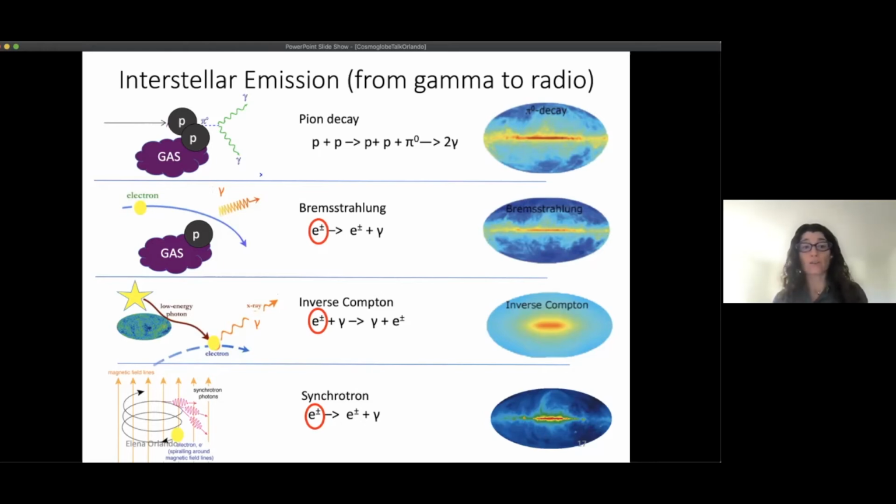And on the other side of the electromagnetic spectrum, we have synchrotron emission in radio and microwaves, which is produced by the same electrons and positrons that produce inverse Compton and bremsstrahlung in gamma rays, by spiraling in the large-scale magnetic fields. So each component has a peculiar spatial and spectral distribution, as you see here, and they are very difficult to separate even in gamma rays.